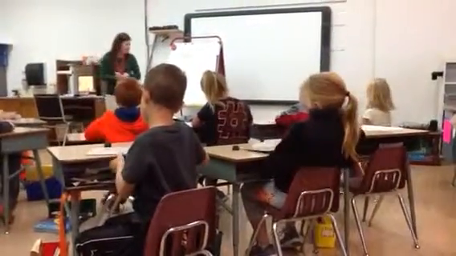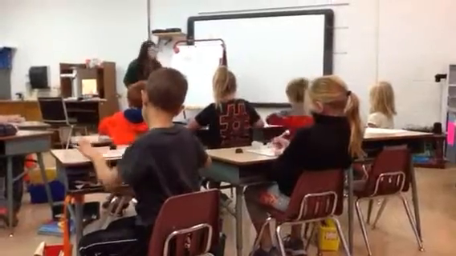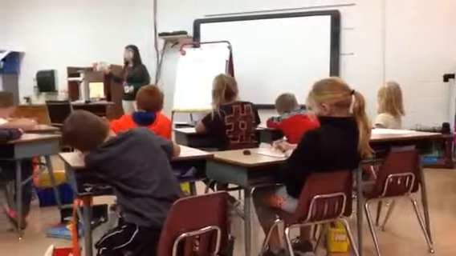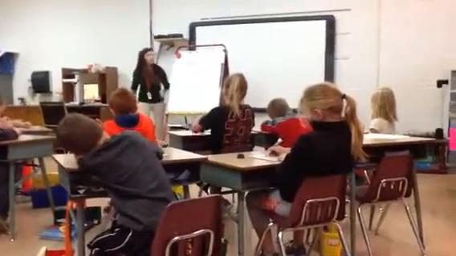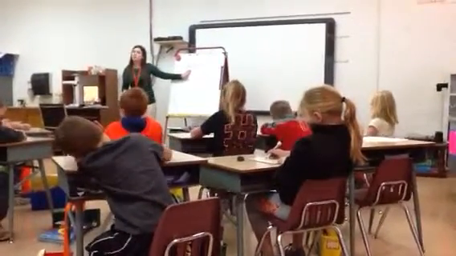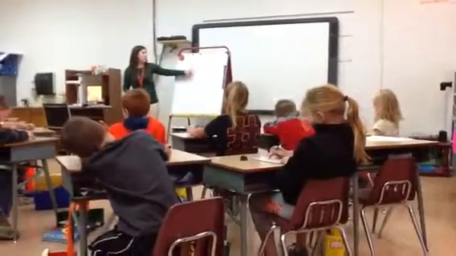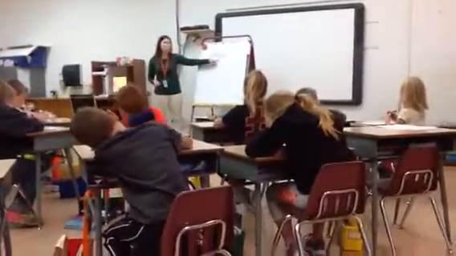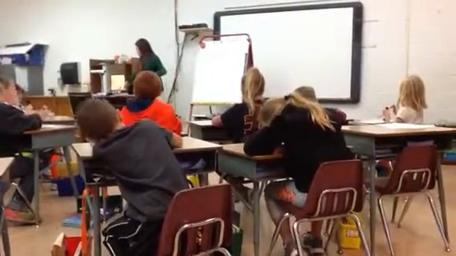Now, we want to decide what kind of syllable we have. Arizona, where do we need to look to help us decide what kind of syllable this is? The base word. Well, yeah, we're going to look at our base word, but in the base word, what are we going to look at? The vowel. We're going to look at the vowel.